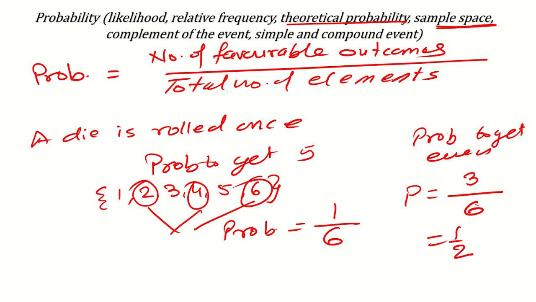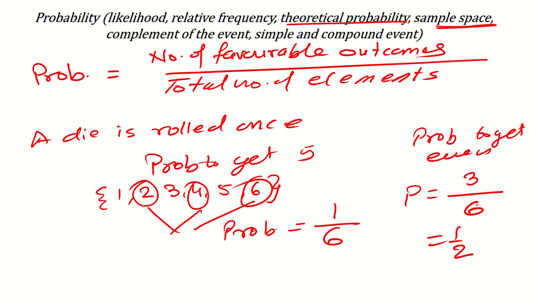Similarly, you can have experimental probability also, which means in that case some experiment will be given to you in the exam, and the results will be given to you with the numbers. The formula will remain the same: number of favorable outcomes divided by the total number of elements in the sample space. That is called theoretical or experimental probability.